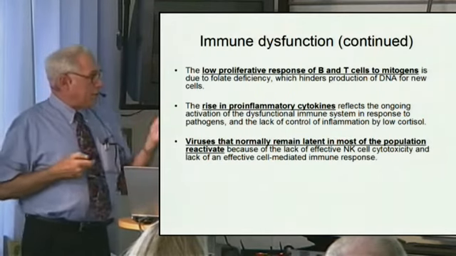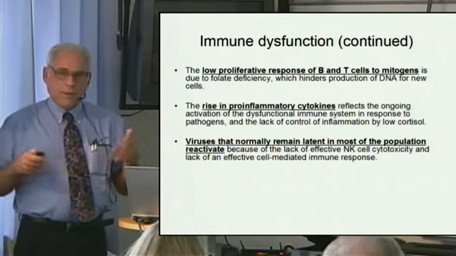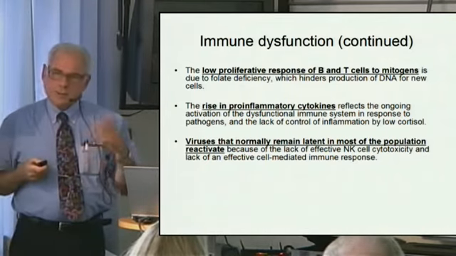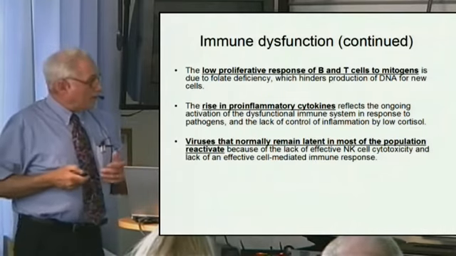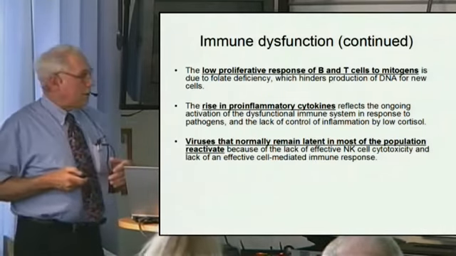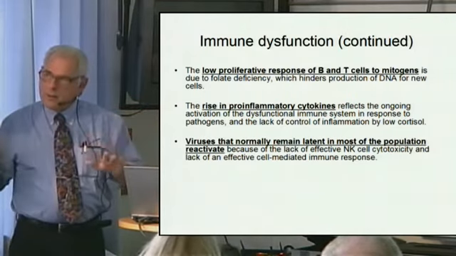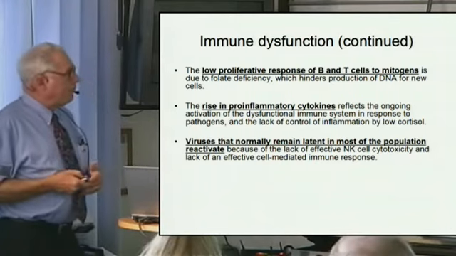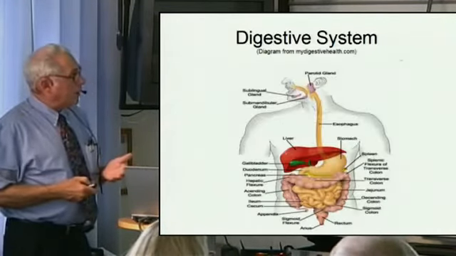But in this situation, because the immune system is dysfunctional, those things reactivate. And you see Epstein-Barr virus, you see the herpes simplex 1, you see the HHV6, you see the cytomegalovirus, you see all these guys that usually are quiet and latent, they're coming up. So the ones we see are the ones that would be caused by that.